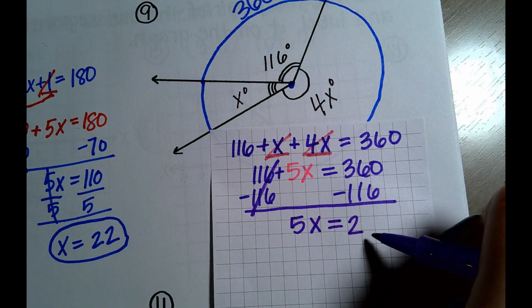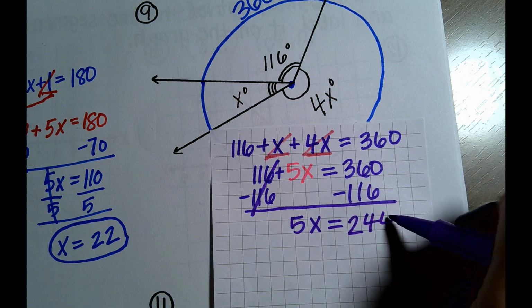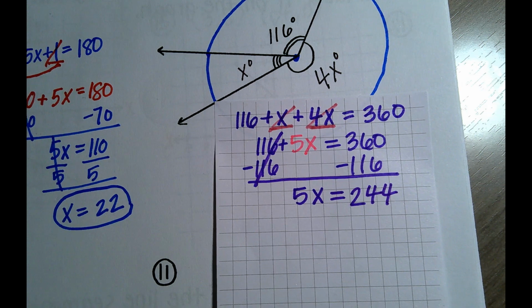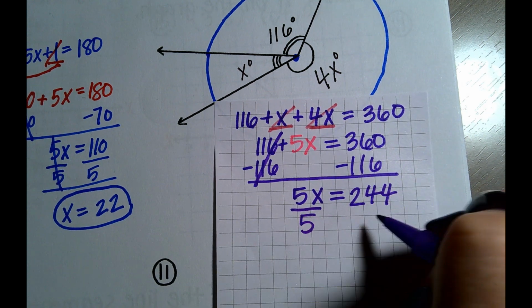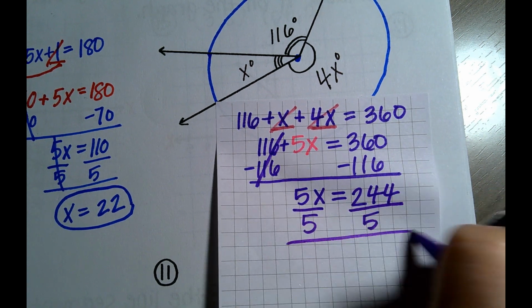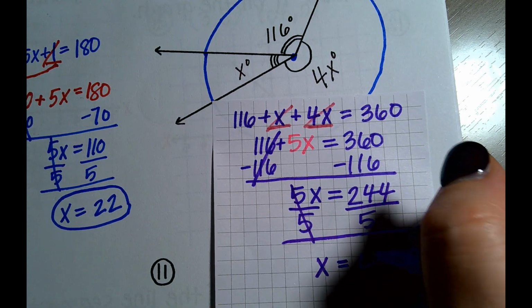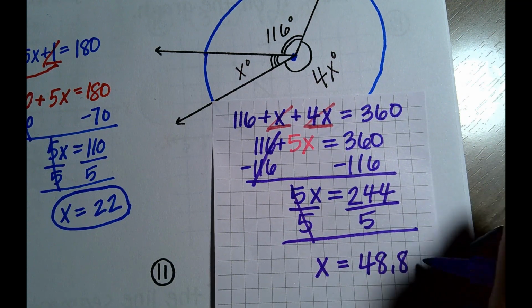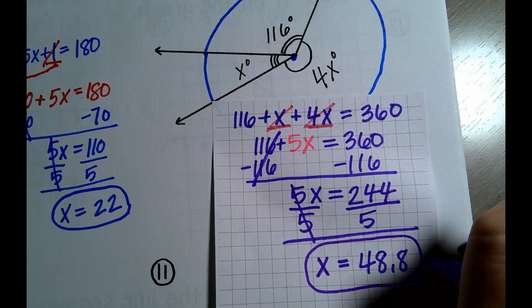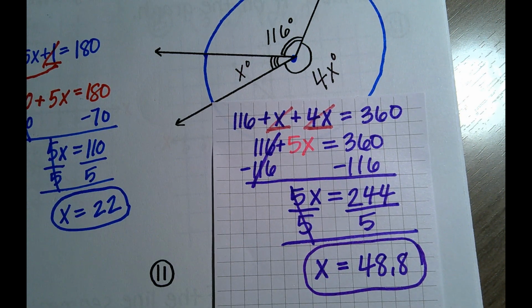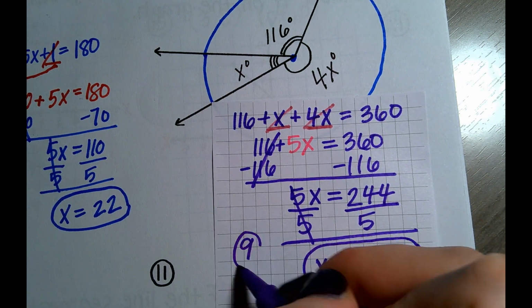Okay, 5x equals 244. Divide by 5. Perfect. x equals 48.8. And that would be your answer for number 9.